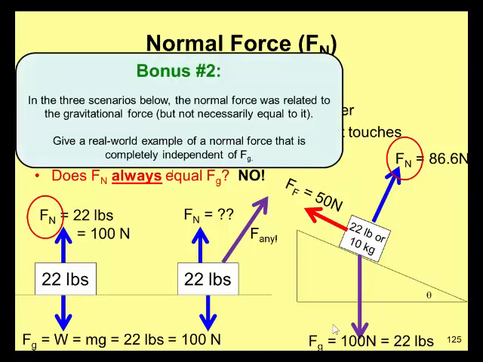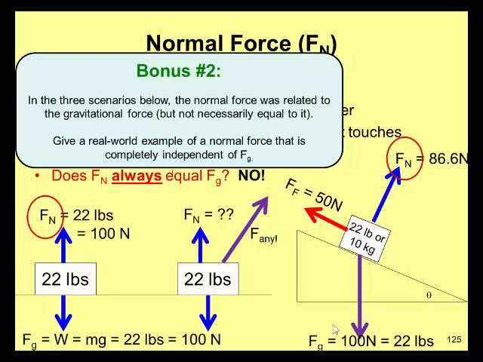Okay, so this is an interesting bonus. In all three of the scenarios that we've gone through with normal forces, gravity has always been integrally involved with those normal forces, but they don't necessarily equal the gravitational force. My question is, can you come up with some examples? You can post online one example, and you'll get one chance at this.